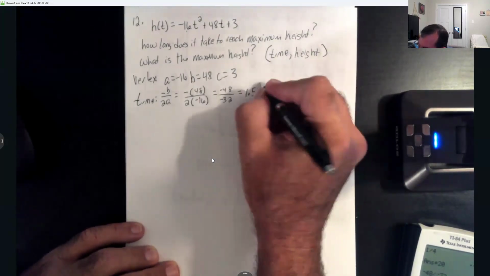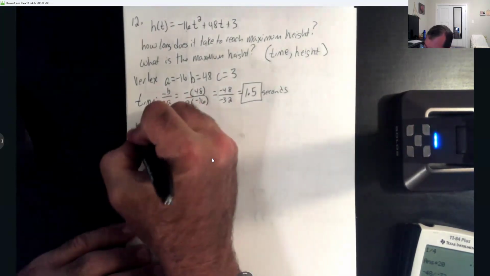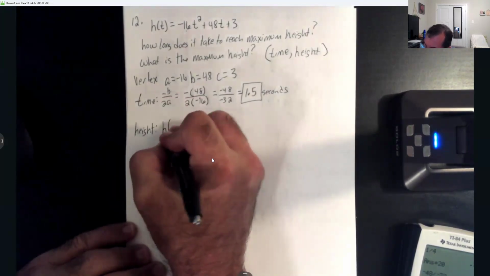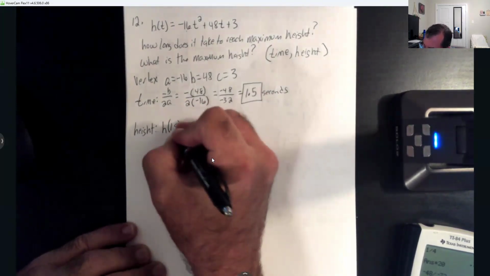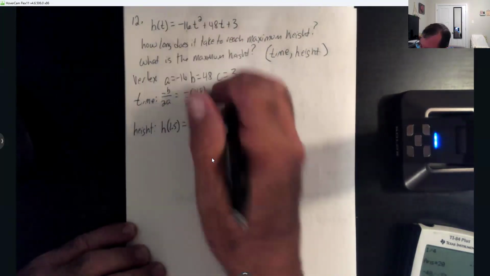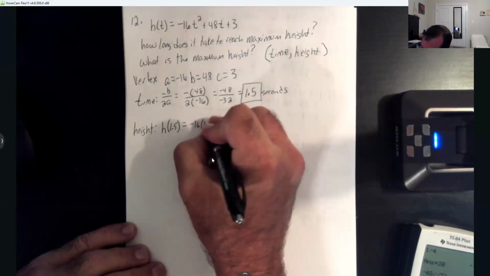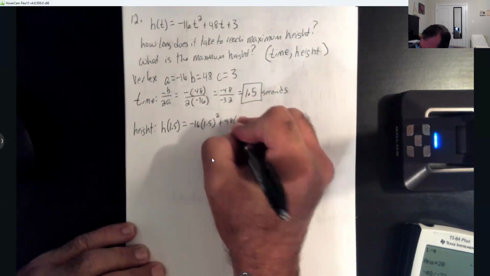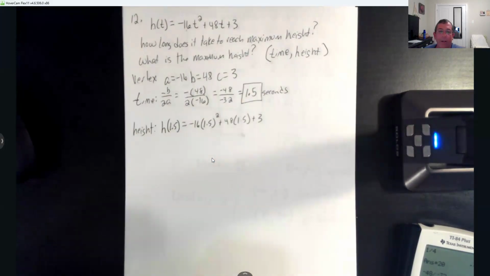Now, MathLab will put the seconds. All you have to do is put in the 1.5. So now let's get the height. The height will be h, because that's my function, h of 1.5. Let's plug 1.5 in for these t's. So I get -16 times 1.5 squared plus 48 times 1.5 plus 3.